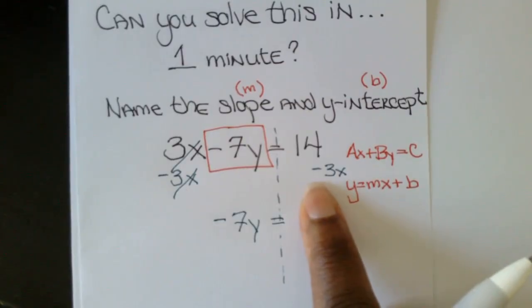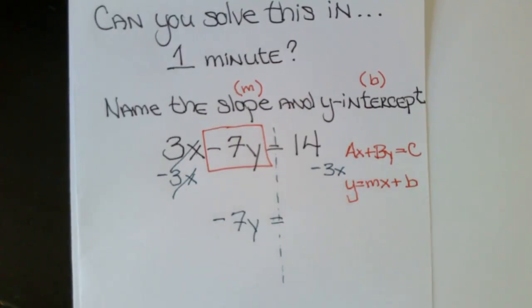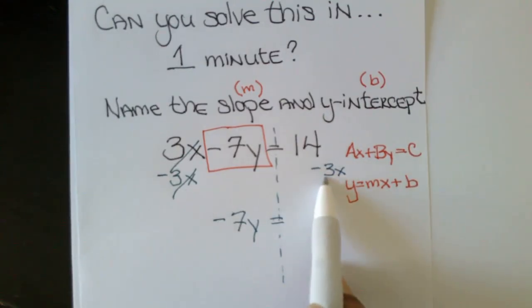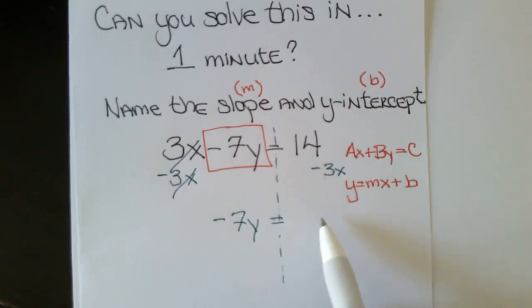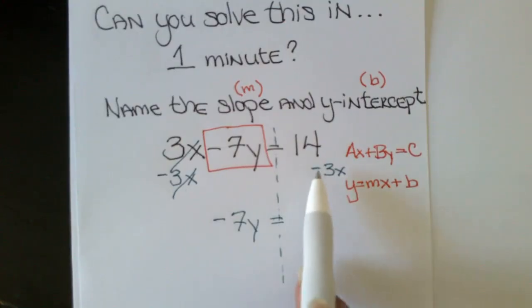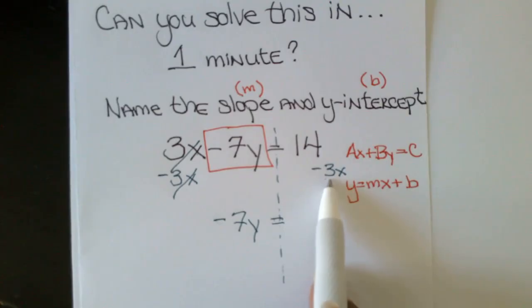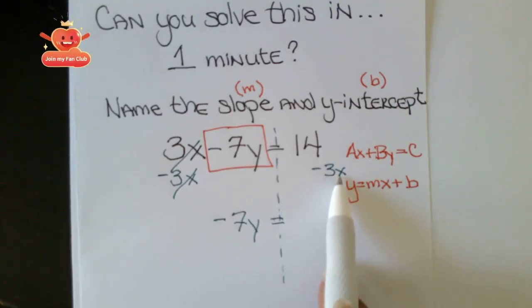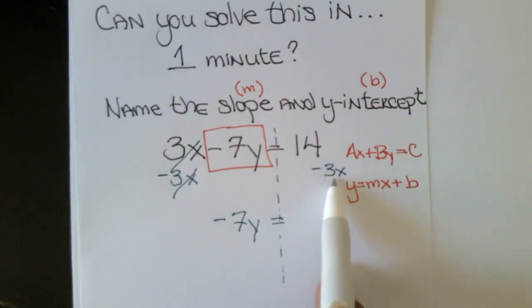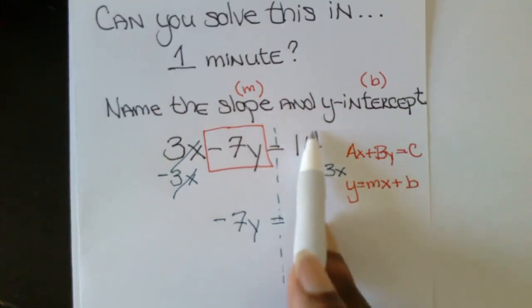Now over here, here's the next mistake a lot of students make. They say, oh, 14 minus 3, boom, that's 11x. No. The reason is this 14 is a constant. This is a negative 3x. This one has an x, this one doesn't.